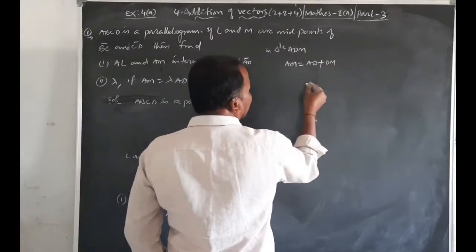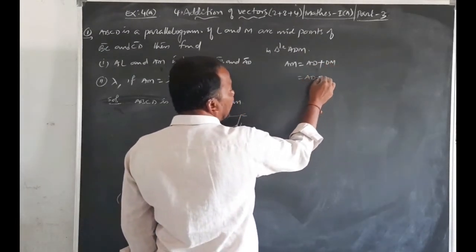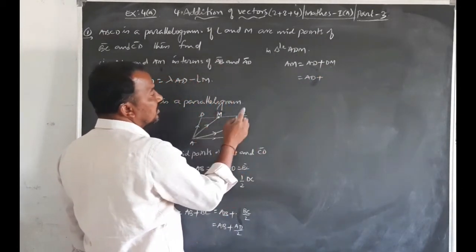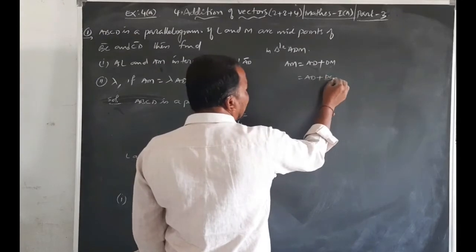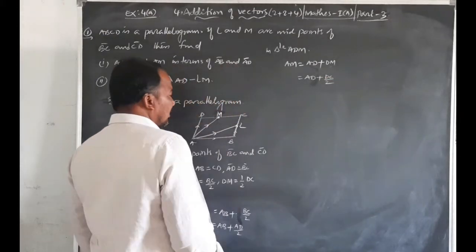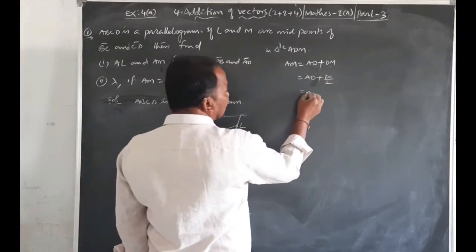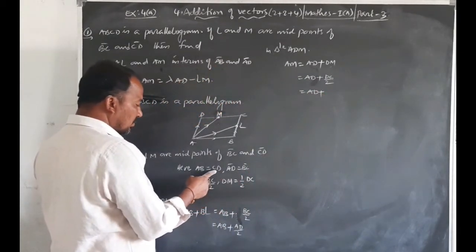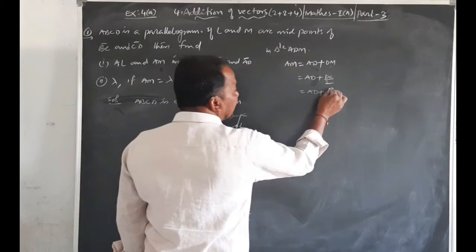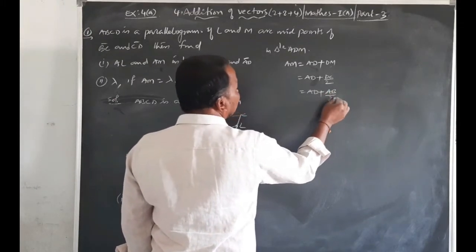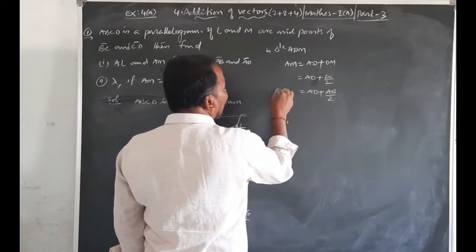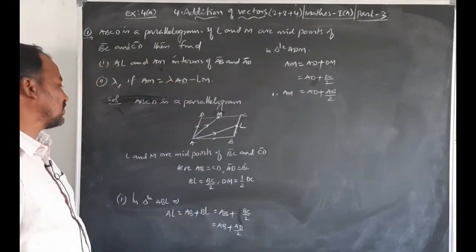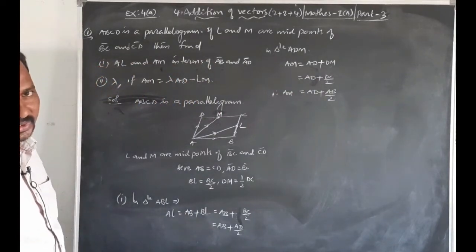DM means half of DC, and CD equals AB, so AM equals AD plus AB by 2. AM in terms of AD and AB. First question is over.